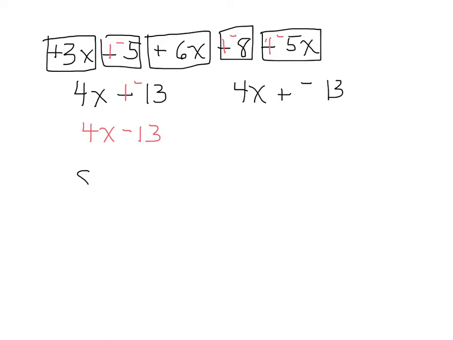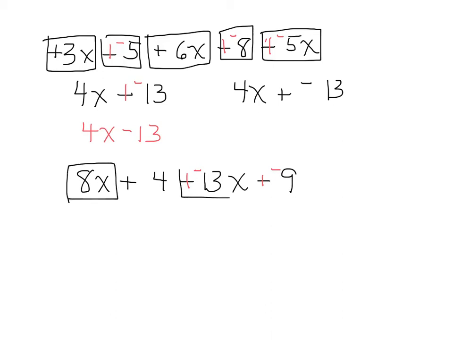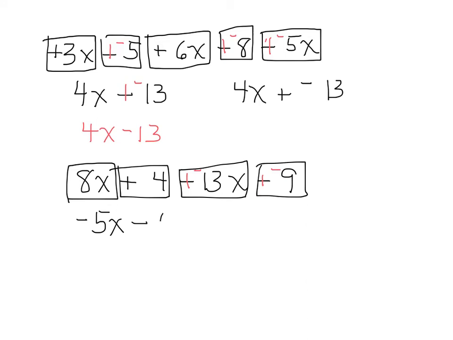So let's say I have 8x plus 4 minus 13x minus 9. What I need to do first is say subtraction is the same as adding the opposite. Then I group my like terms. +8x and -13x is -5x. +4 and -9 is -5.